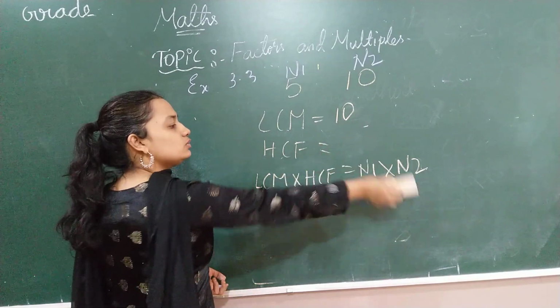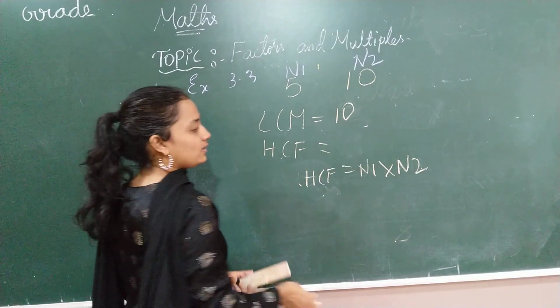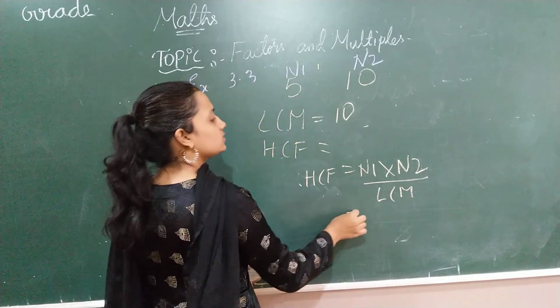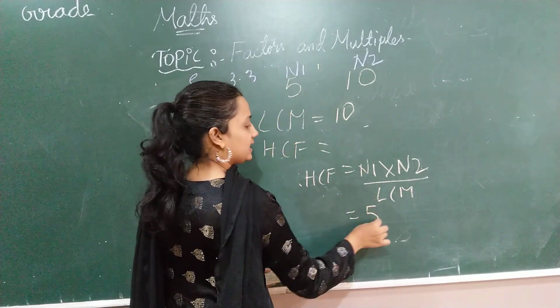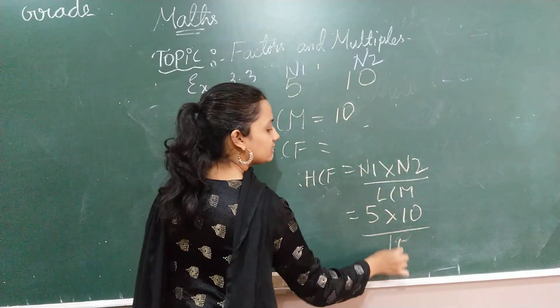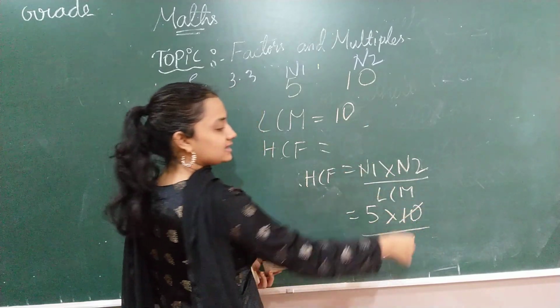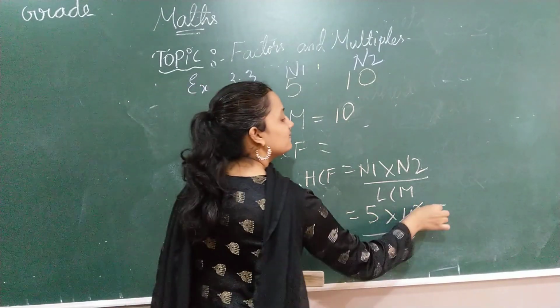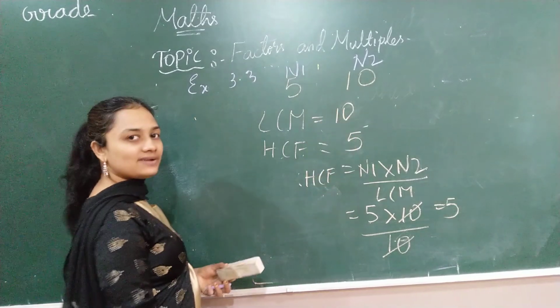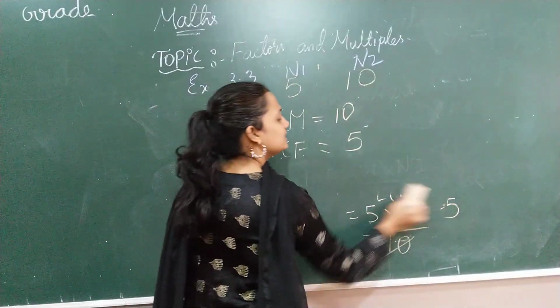I'll send LCM to the other side. So LCM will come down here. Now substitute. N1 is 5, N2 is 10, LCM is 10. Cancel 10, 10. What is my answer? 5. So my HCF is 5. Is it not very easy?